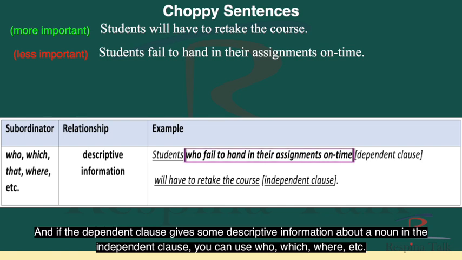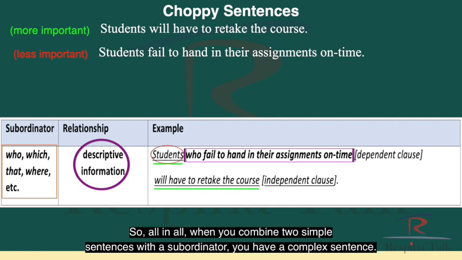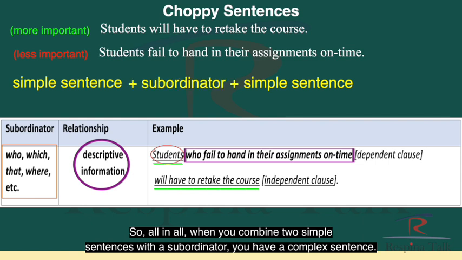And if the dependent clause gives some descriptive information about a noun in the independent clause, you can use who, which, where, and so on. So all in all, when you combine two simple sentences with a subordinator, you have a complex sentence.